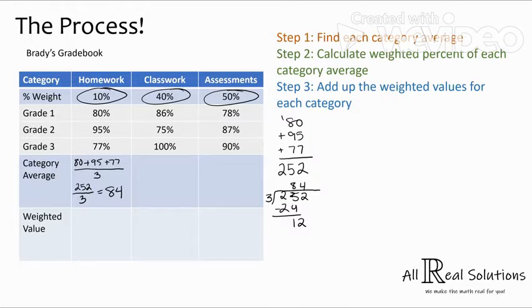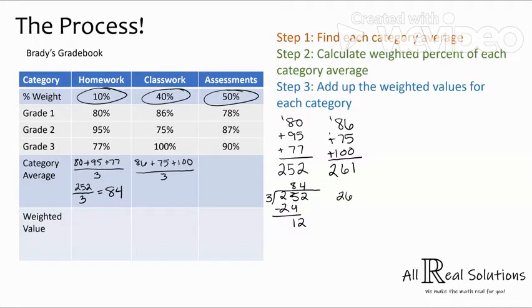Now we're going to do the same thing for classwork. Add up the 3 grades and divide by 3. So 86 plus 75 plus 100, all divided by 3. 86 plus 75 plus 100 is 261.